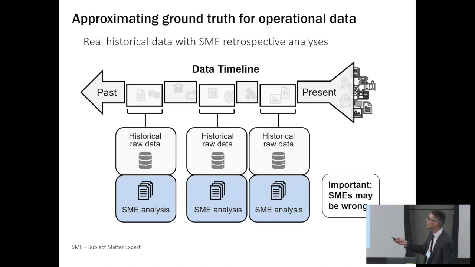They've come back, and they're sitting here, and they're going to be able to tell you a little bit about the state of the world at this point in time that led to this data. And so then you can feed that real operational data to your system and then grade its responses according to this time-traveling SME, right? I hasten to add, of course, that this is not a perfect solution. SMEs can be wrong, and that's something you're going to need to keep in mind, and we'll talk about a little bit later.